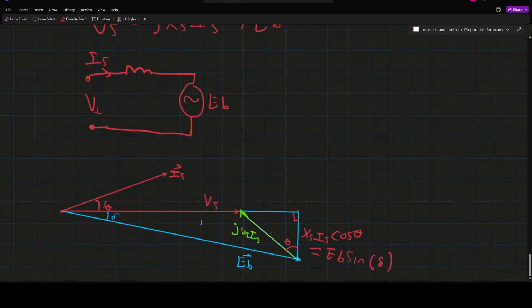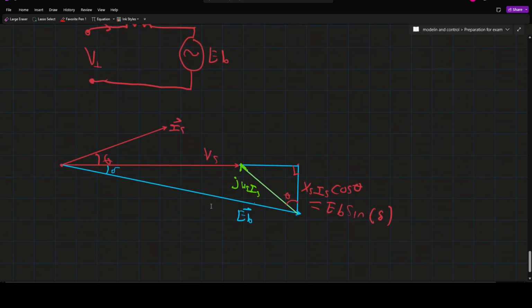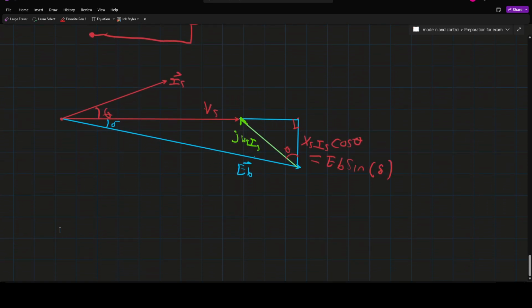We're gonna try to figure out the power, but first we are gonna see this triangle. So here we have Vs in steady state. We figured out that it had no angle, so it's just the real part. Here we're gonna have our Is that had the angle theta, so it's a magnitude and an angle.